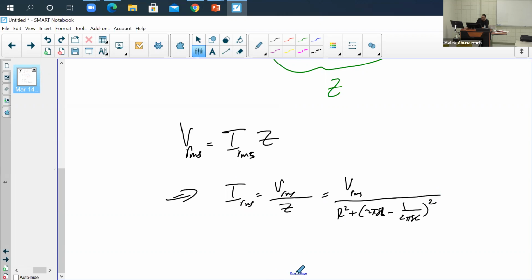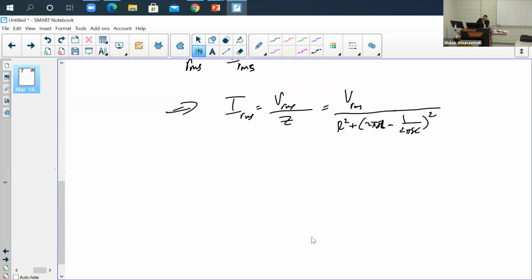So your root mean square I is going to equal V root mean square divided by the square root of R squared plus (2 pi FL minus 1 over 2 pi FC) squared, where C is capacitance.